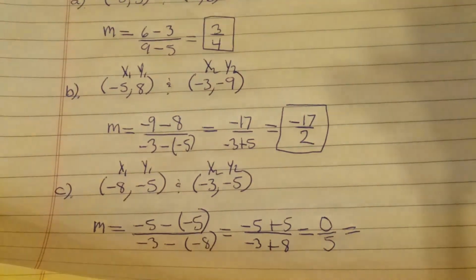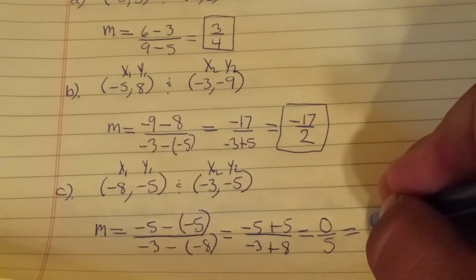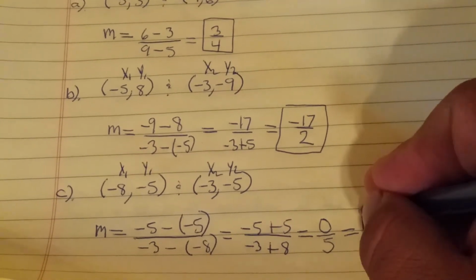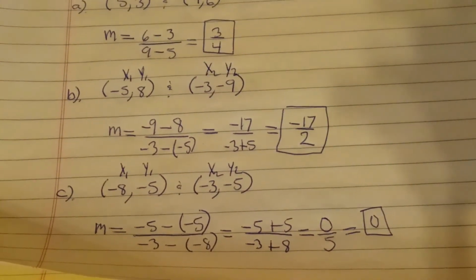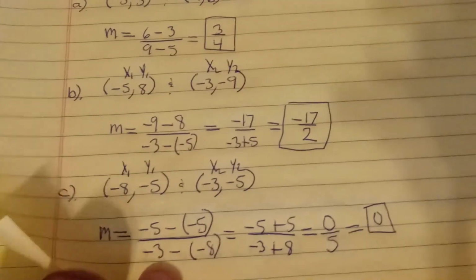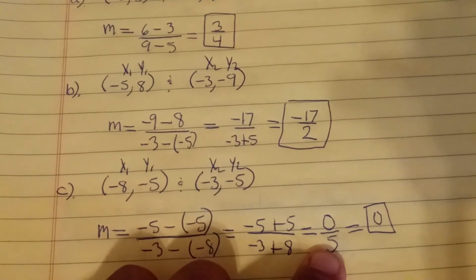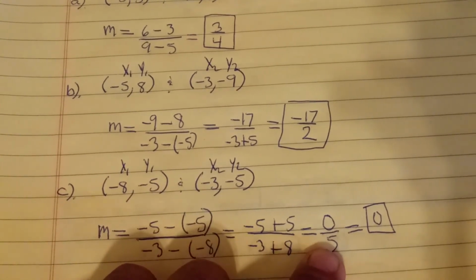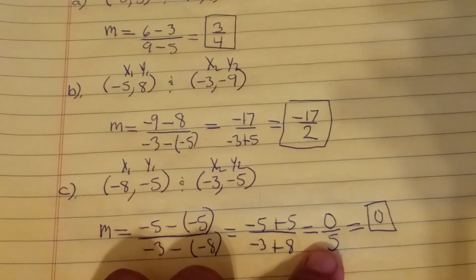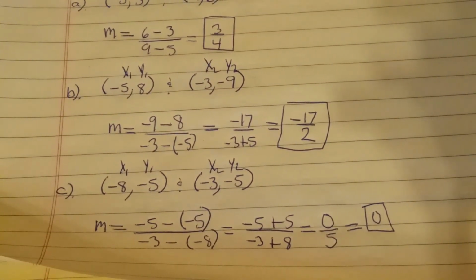So 0 over 5 essentially becomes 0. Now, could you have the 0 at the bottom? Yes. If both of these are the same and they cancel each other out, then yes, you could have a 0 at the bottom. In that case, your slope will be undefined. All right, so this concludes part 1 of section 7.3.